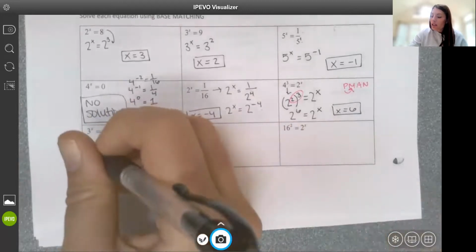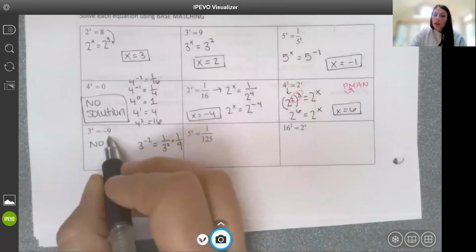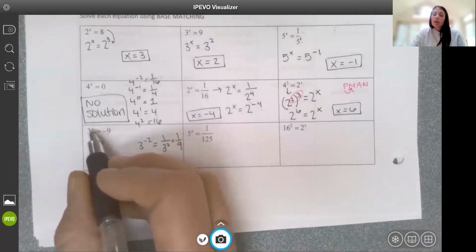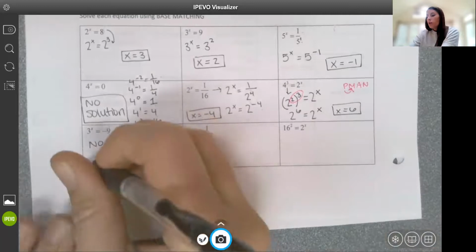This is another example of no solution. There is no way that I can rewrite that negative number with a base of 3, because 3 to any power is never going to give me a negative. It's either going to grow exponentially for my positive exponents, or for my negative exponents, it's just going to become a smaller fraction.